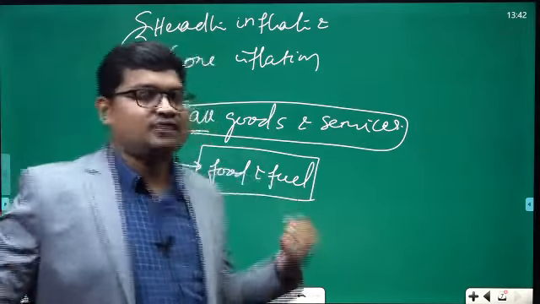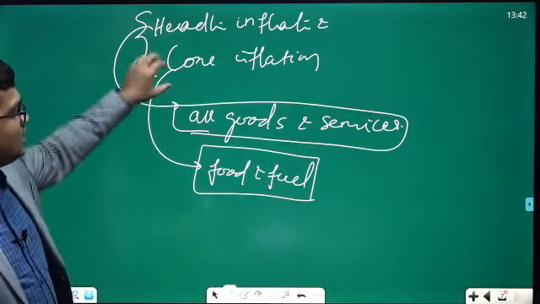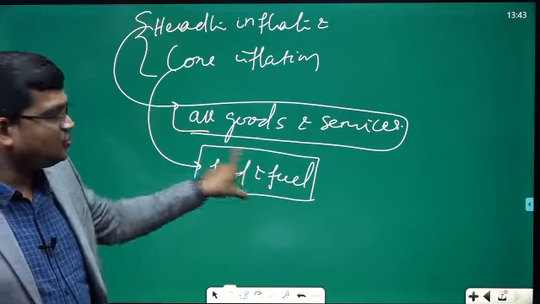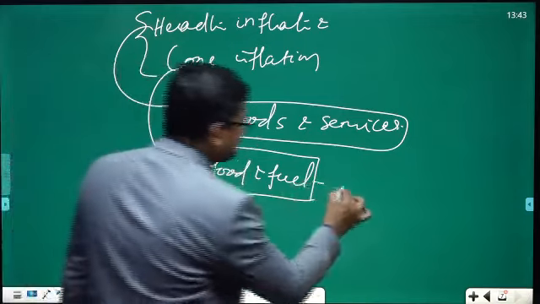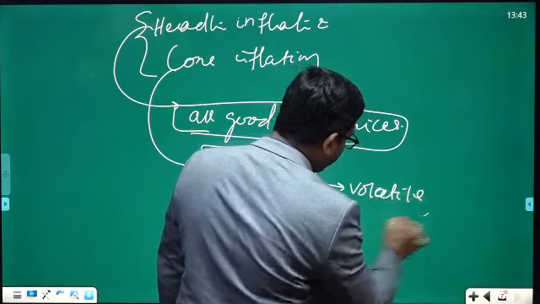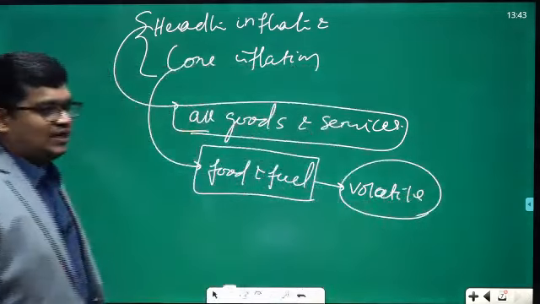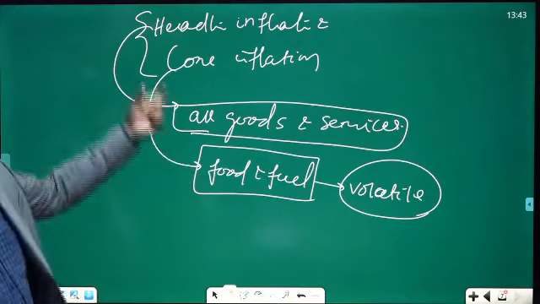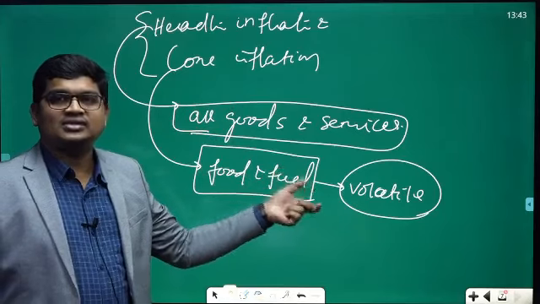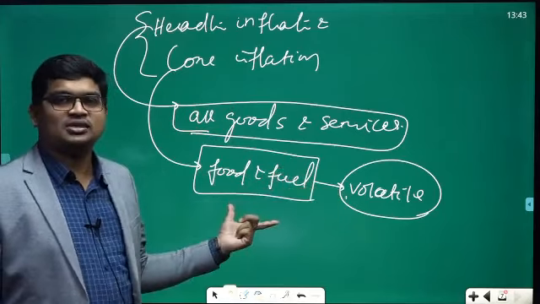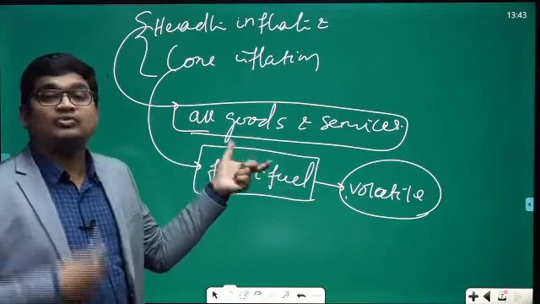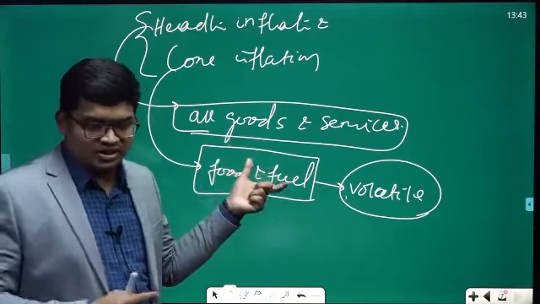Correct? So this is the difference between the two. Then why in core inflation do we not include food and fuel? Because these price levels are more volatile in nature. In one indicator we measure inflation by including these volatile products, and in the other we exclude them to find out the inflationary situation in the economy.